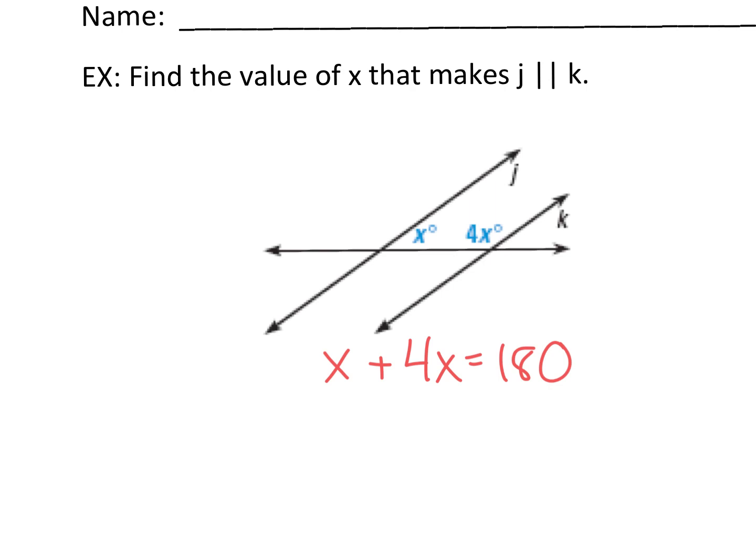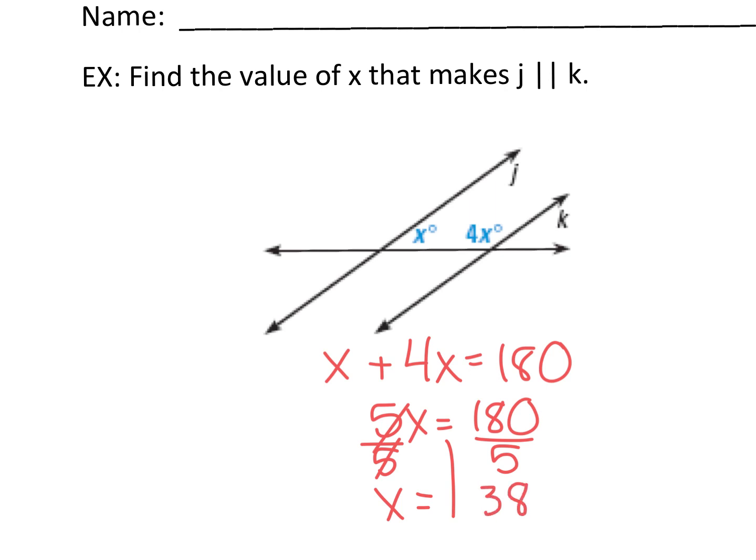So I have 1x plus 4x is a total of 5x, and that's 180. Then I would just divide by 5, split the line down the equal sign, and I would have x is equal to, well, what's 180 divided by 5? I believe it's 38. Did I do that right?